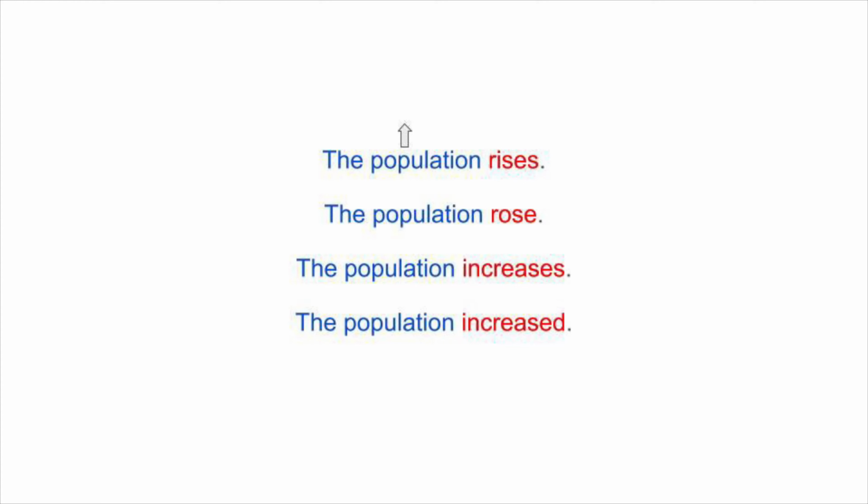For example, if I'm talking about the population, it's not that the government is responsible for increasing that population. It's just a natural phenomenon. The population increases. The population rises, not raises, rises. The population rises. There's no object, okay? So in that case, it's the subject that increases, not the object.